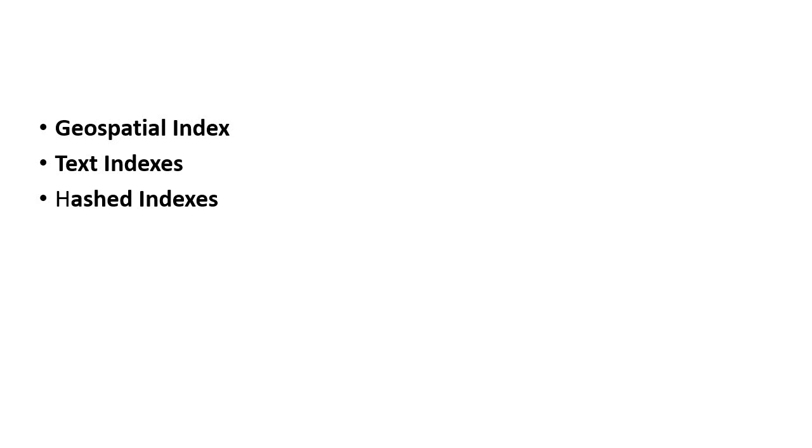Next one is the text indexes. MongoDB provides a text index type that supports searching for string contents. In a particular collection, text indexes do not store language-specific stop words like the, a, or, and. They do not store any of the stop words, and they stem the words in a collection to only store the root words.